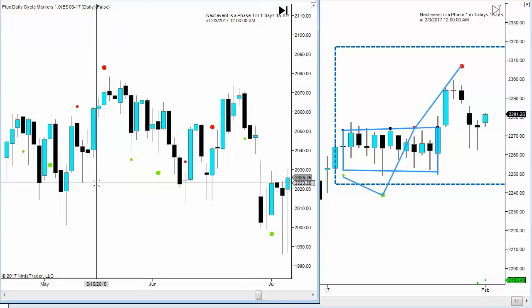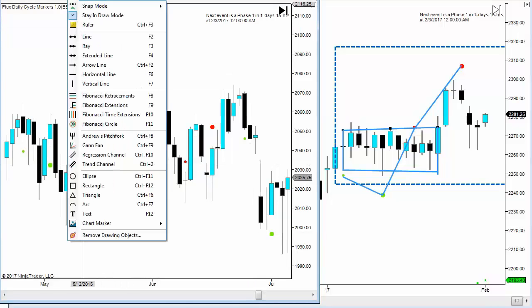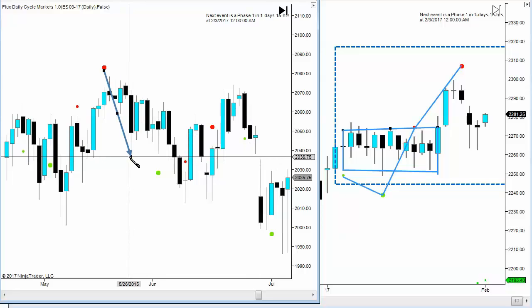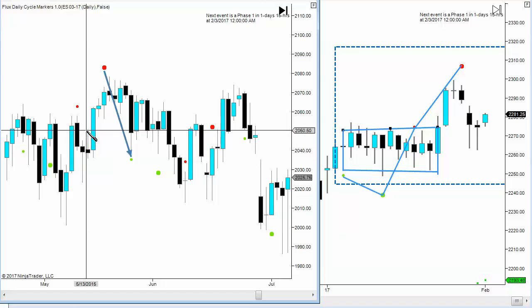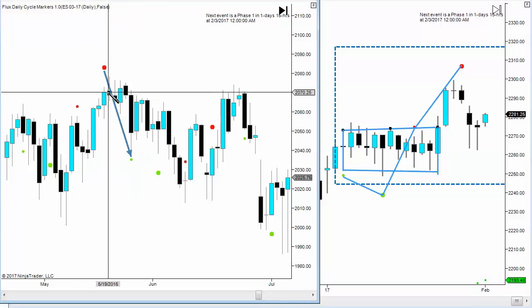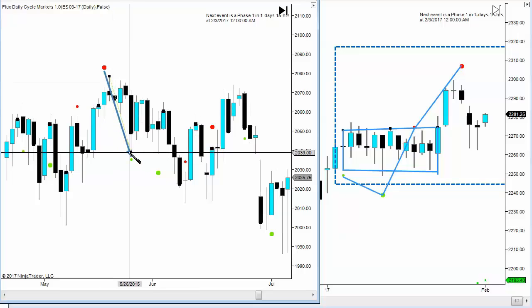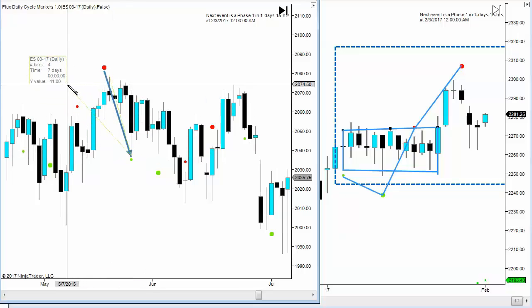And so I'm looking first to see what usually happens between the phase 4 and the phase 1. Between the phase 4 and the phase 1 back in May of 2015, there was a retracement. That retracement took us from a high to a low of about $41.